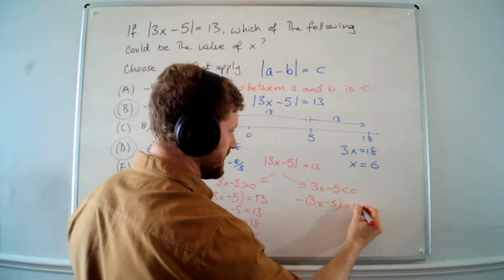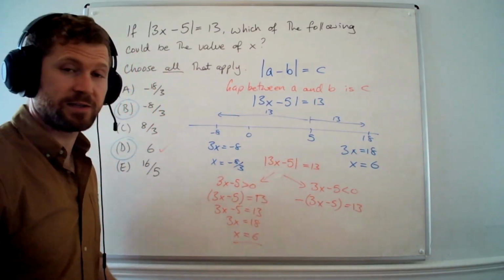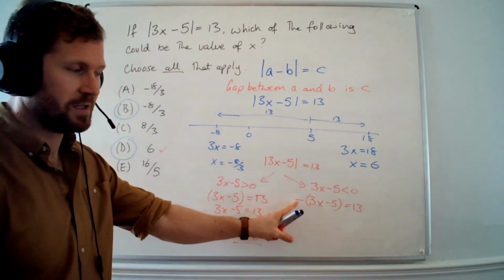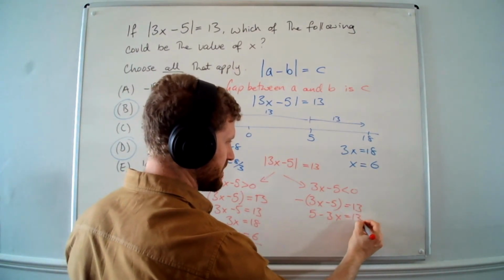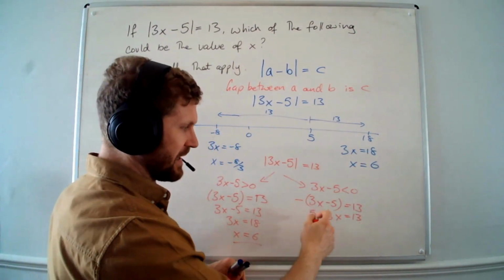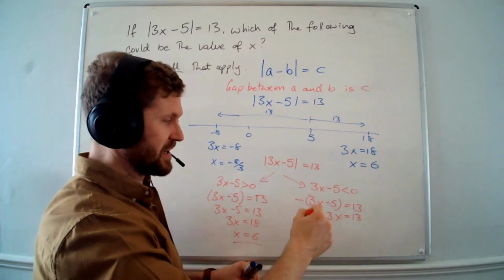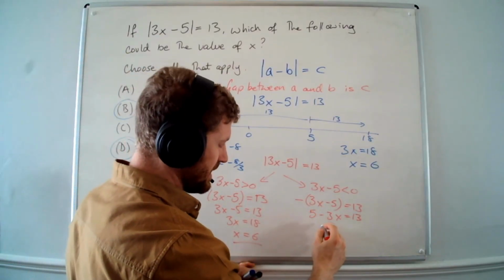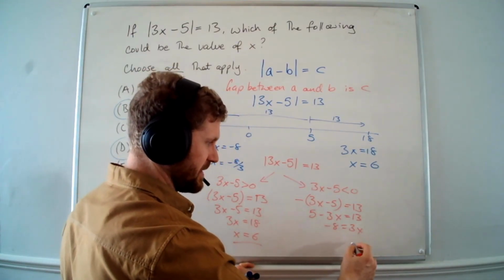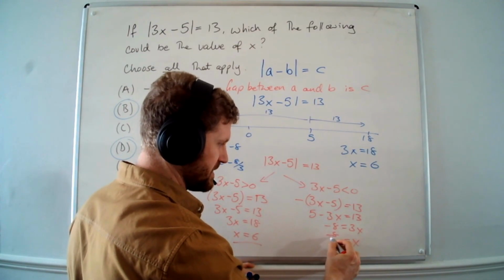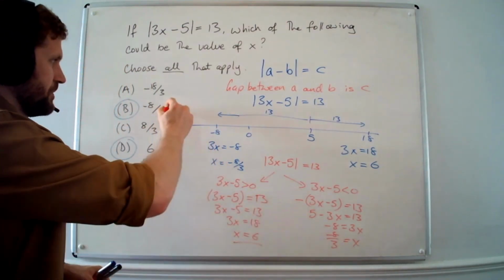So we multiply everything within this absolute value sign by -1. That gives me 5 minus 3x is equal to 13. If I add 3x to both sides and subtract 13 from both sides, I'll get -8 is equal to 3x, and divide by 3, and I'll get x is -8 over 3, which is the other answer we had before.